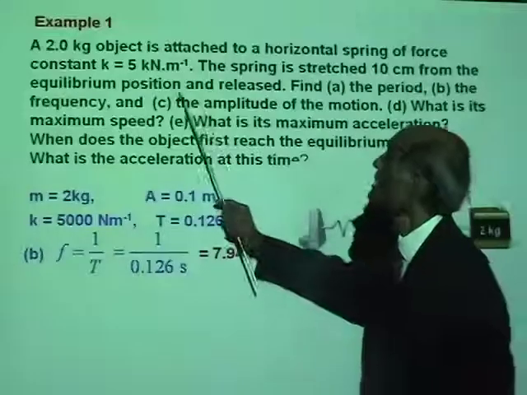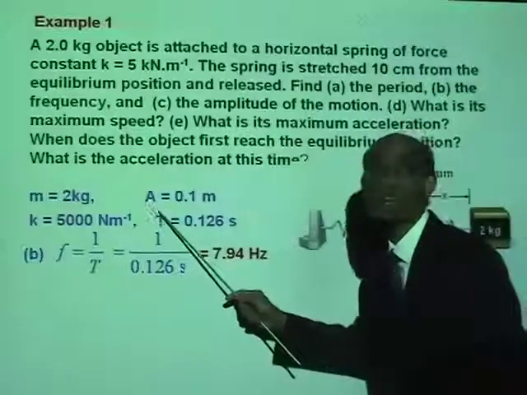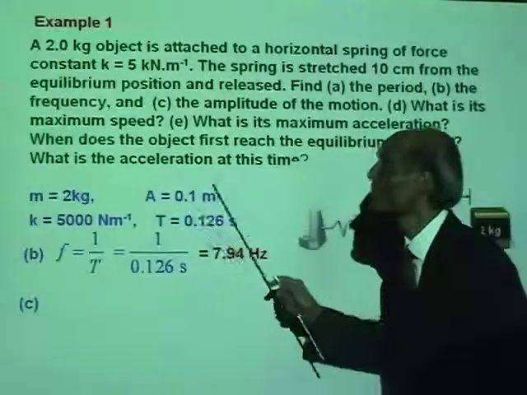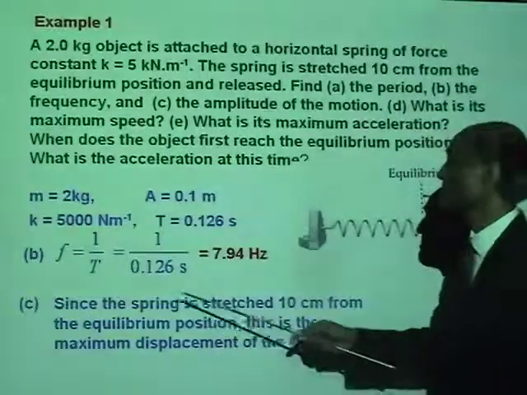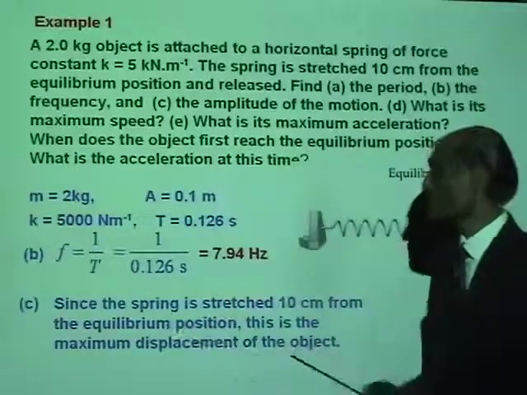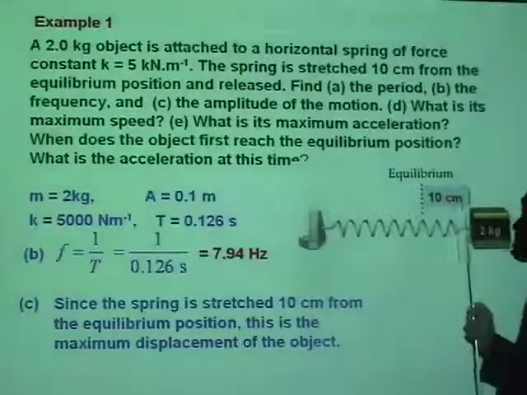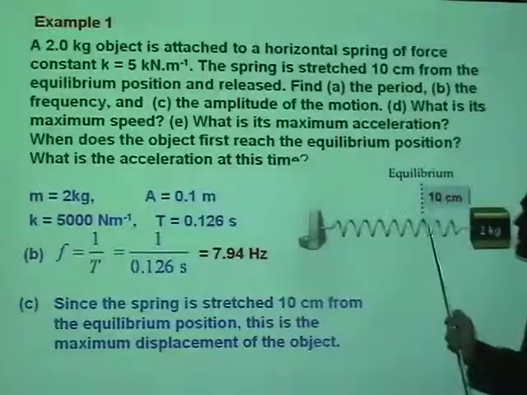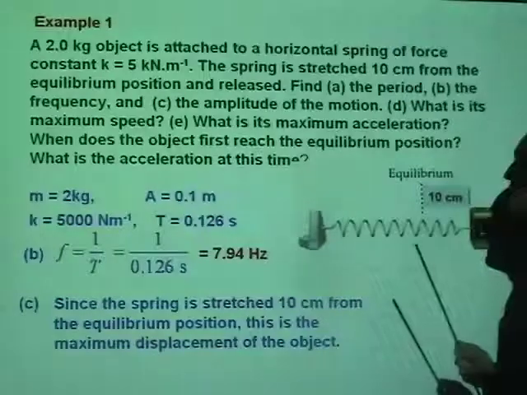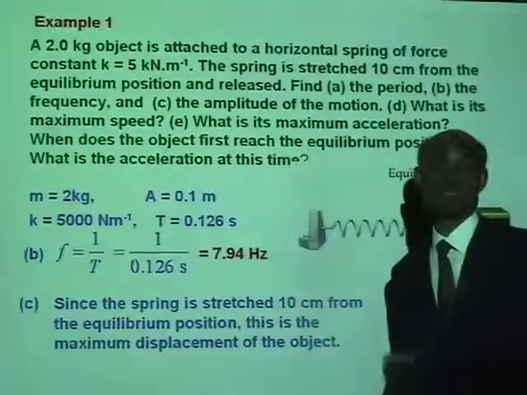Alright, we did A, B, C. What is the answer for C? It's right there. The amplitude is the maximum displacement since the spring is stretched to 10 centimeters from the equilibrium position. This is the maximum amplitude, maximum displacement. Therefore, that is the amplitude.